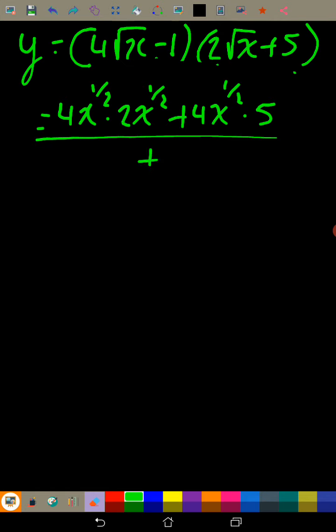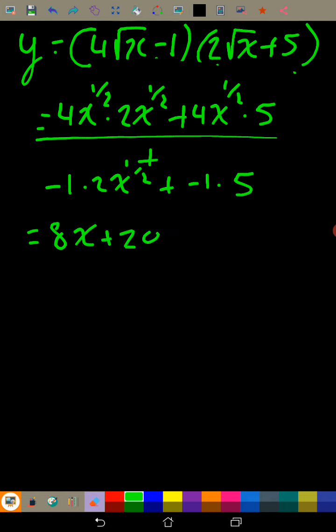Plus we have minus 1 times 2x to the power of half plus minus 1 times 5. And the final thing will be 8x. And when we are multiplying, we are adding, so it's going to be the power of 1. Half plus half is 1, plus 20x. Here only the coefficient changes. Minus 1 times 2 is minus 2, and x is to the power of half, minus 5.